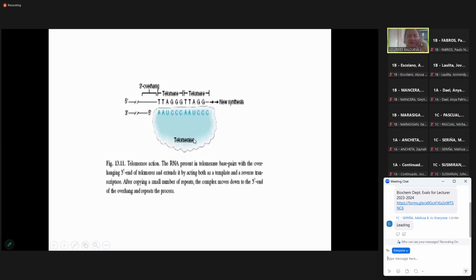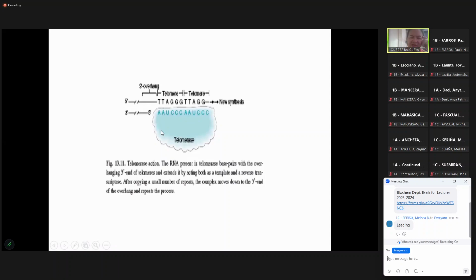That contains the enzyme telomerase, no? What is an example? The embryo, no? The embryo is a fast dividing cell, and it contains telomerase.